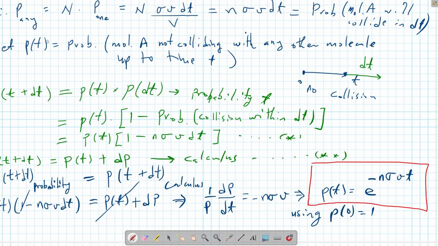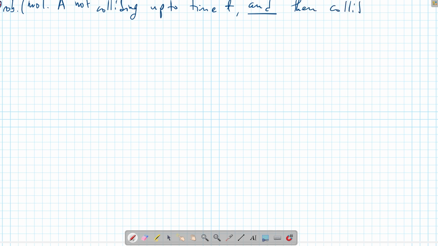So if we go to the next page, probability of molecule A not colliding up to time t, and so this is important, and then colliding after the next time interval dt.